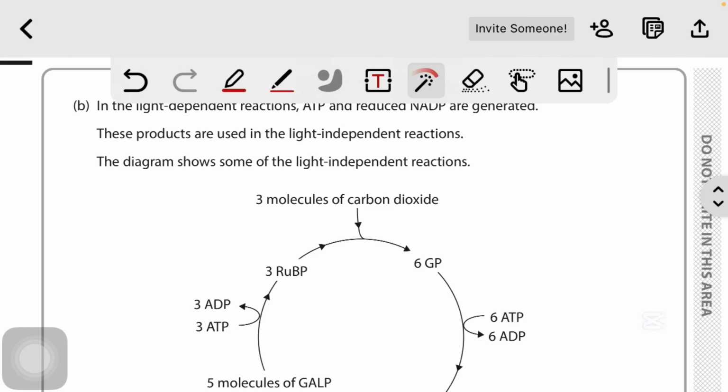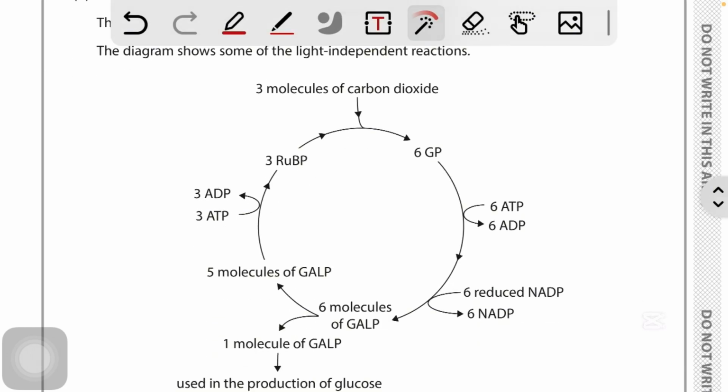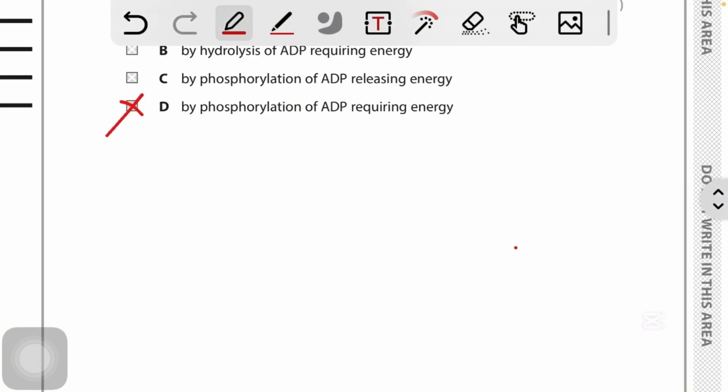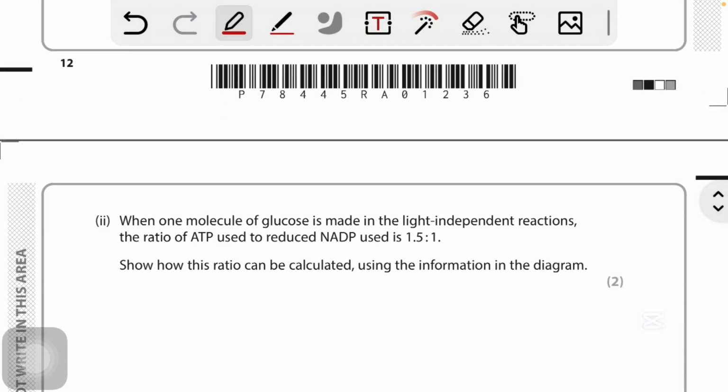ATP is produced by the phosphorylation of ADP. So the correct answer is by the phosphorylation of ADP requiring energy. Now let's go to the next question.